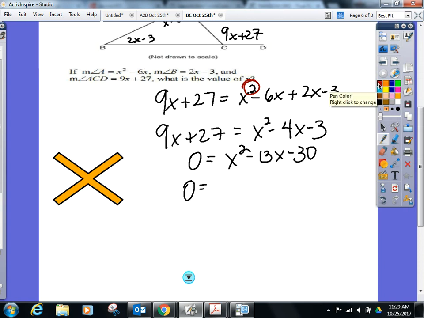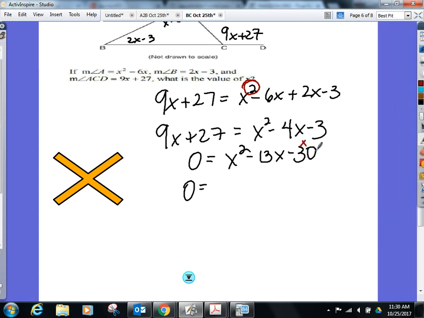Two numbers that multiply to 30, so yes, factors. So multiply to negative 30, but have to add to negative 13. So let's start thinking about numbers that multiply to 30 first that could possibly give me negative 13.